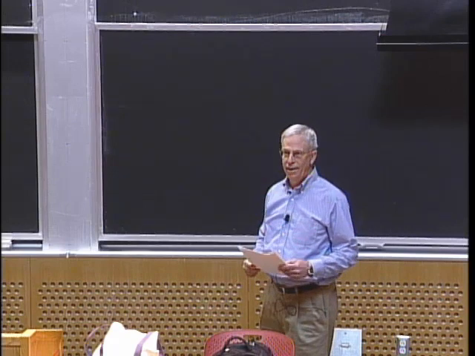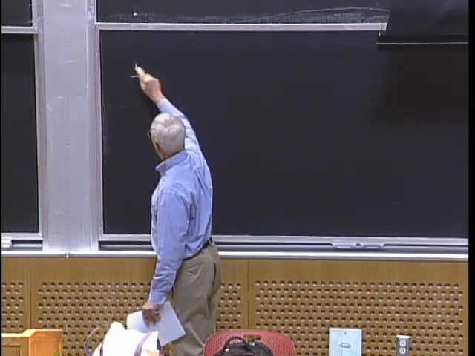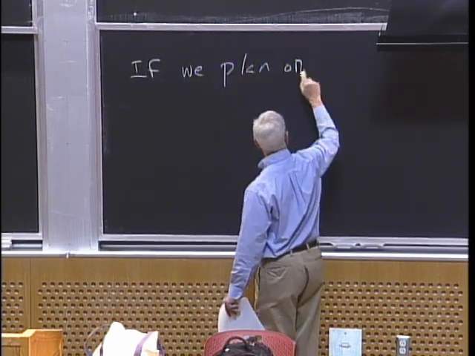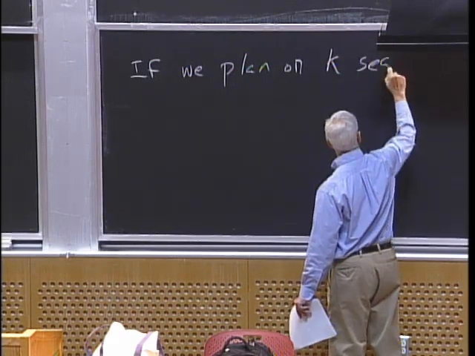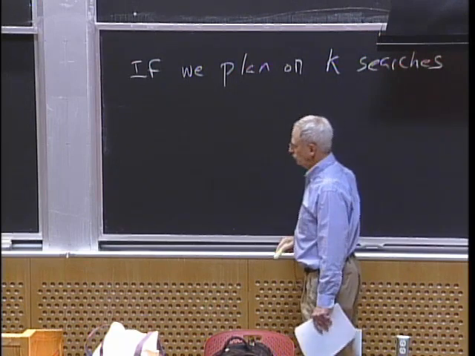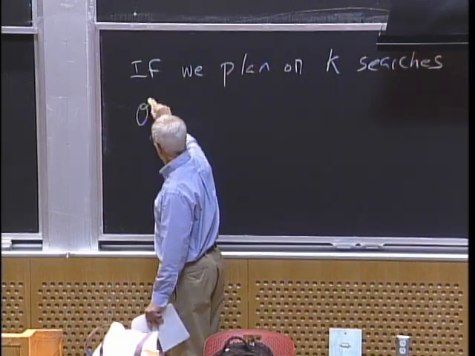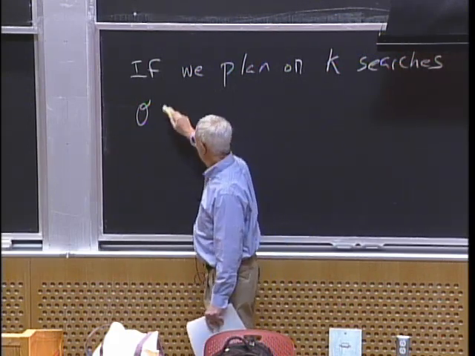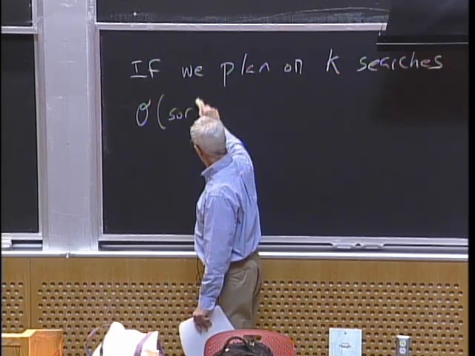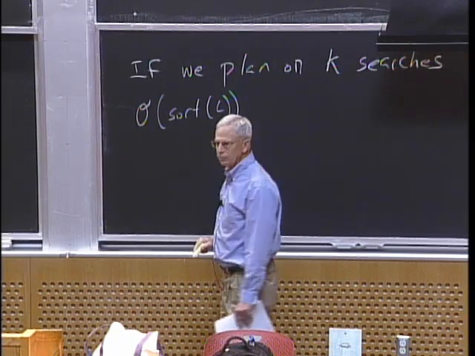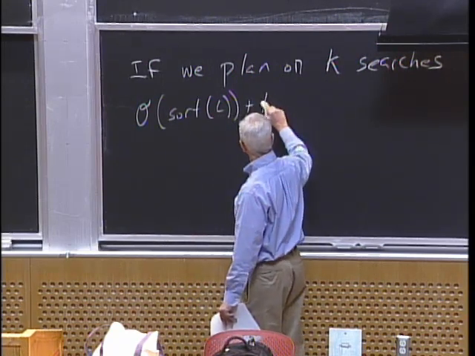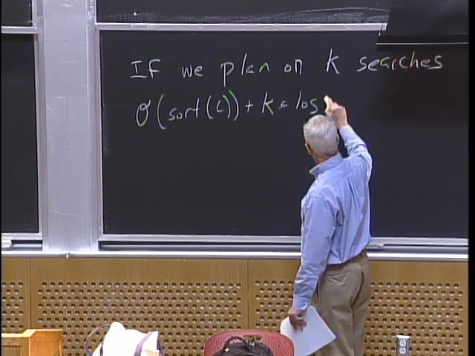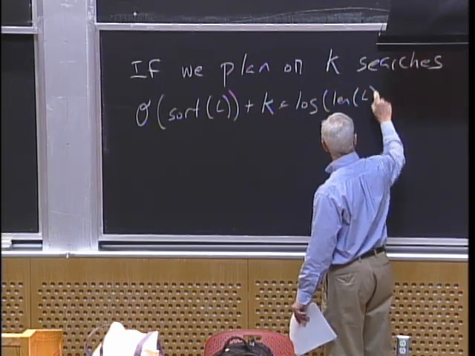So the real question we want to ask is, if we plan on performing k searches, who knows how long it will take to sort it, but the cost will be order of whatever sort of the list is, plus k times log length of L.